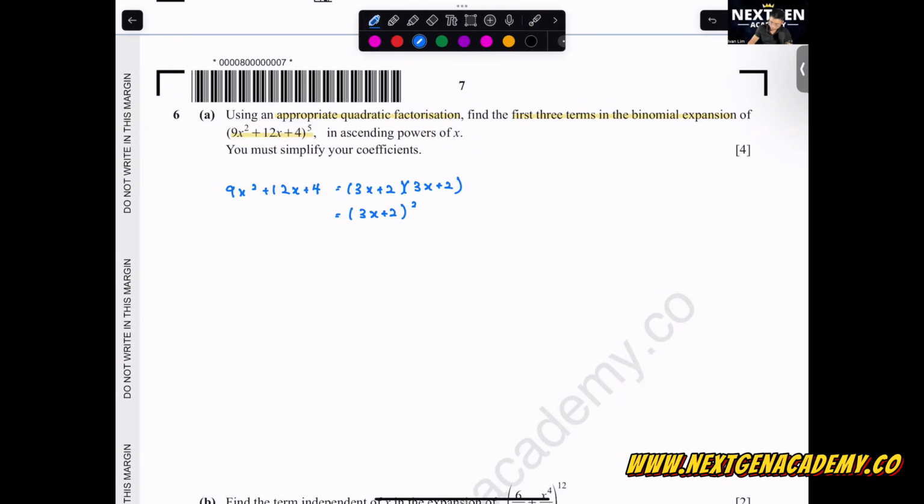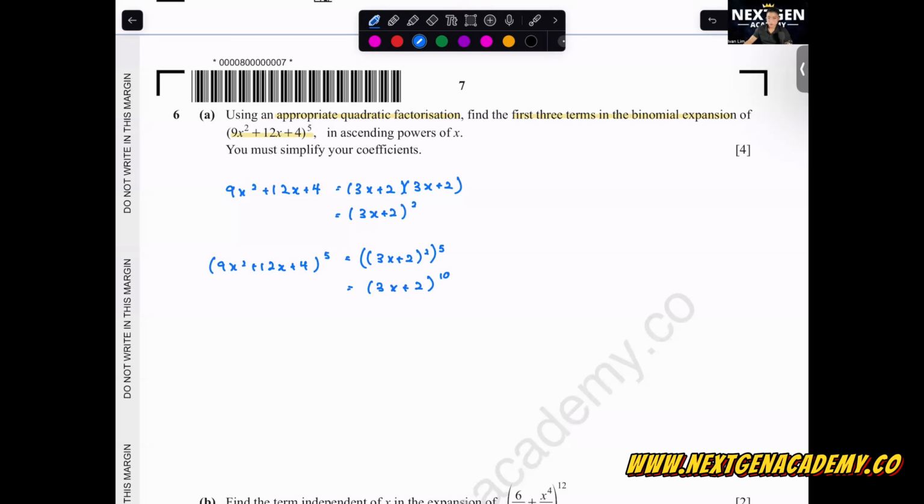So 9x squared plus 12x plus 4 to the power of 5 can be written as 3x plus 2 squared to the power 5, which equals 3x plus 2 to the power of 10. Everyone got this? Okay, writing it into this form first.